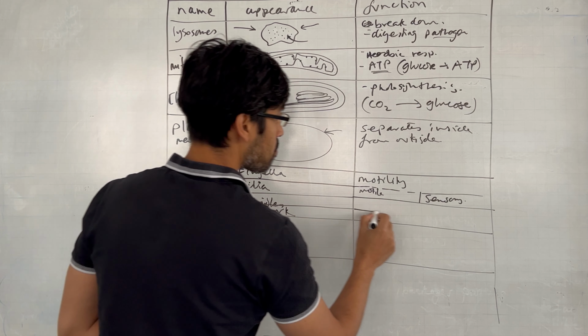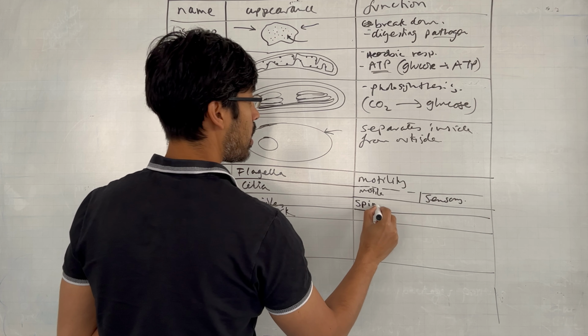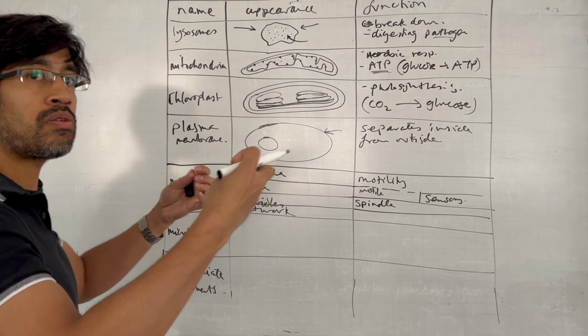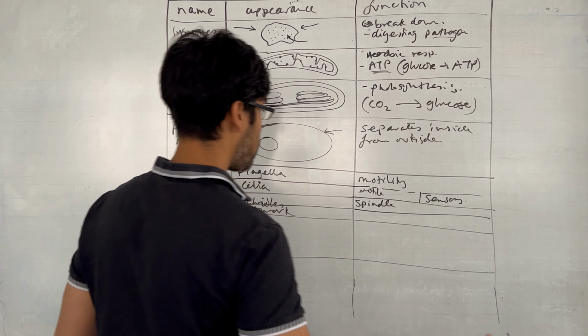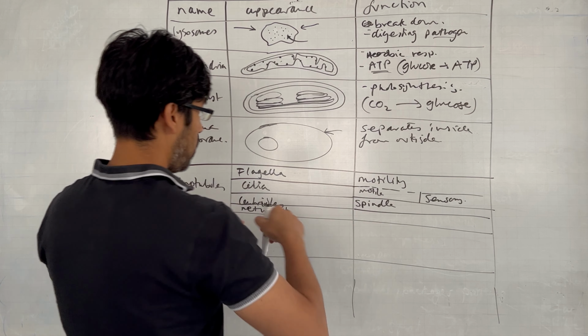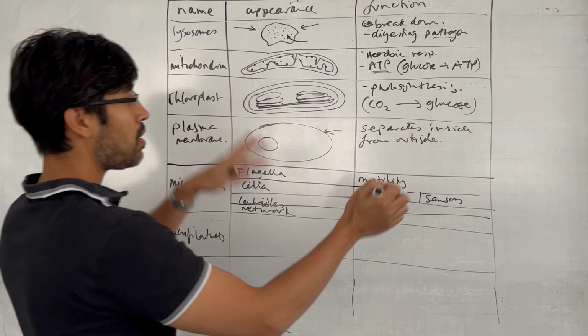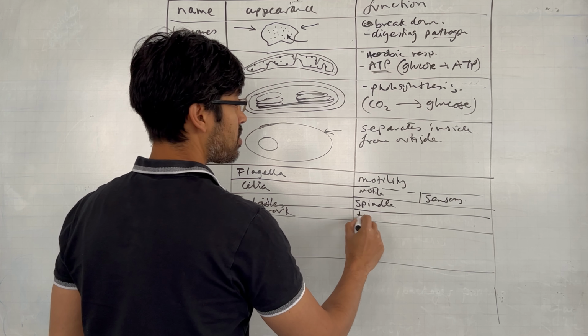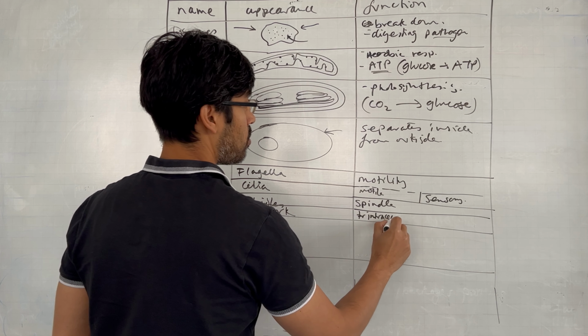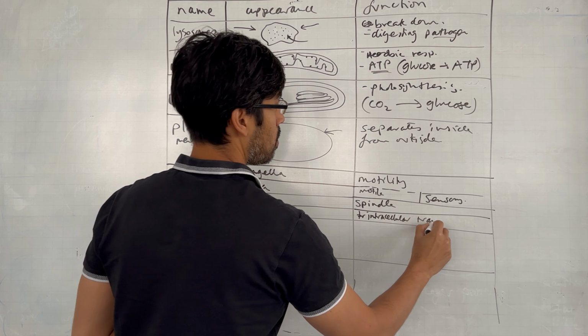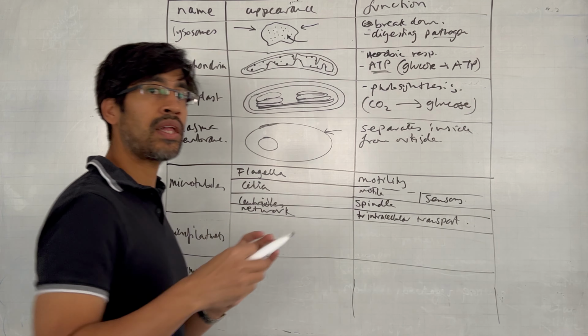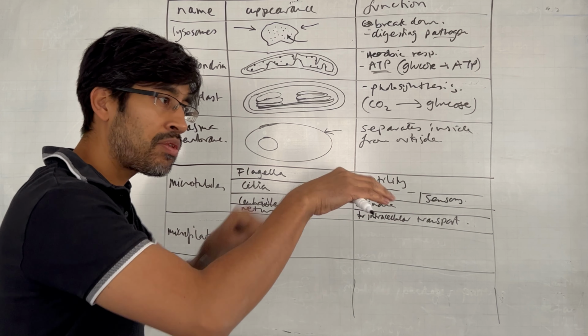Centrioles form the spindle fiber and aid in chromosomal separation during mitosis and meiosis. And the network of microtubules that goes throughout the cell, that's for intracellular transport, i.e. the transport that happens within the cell.